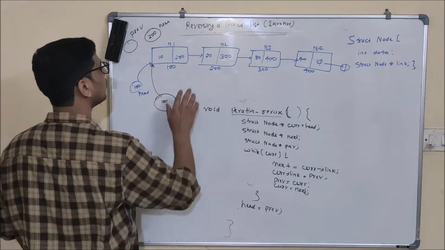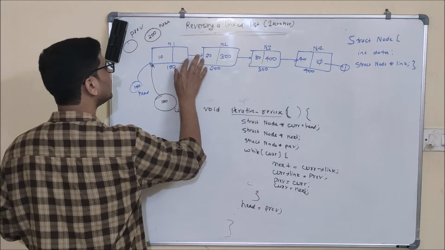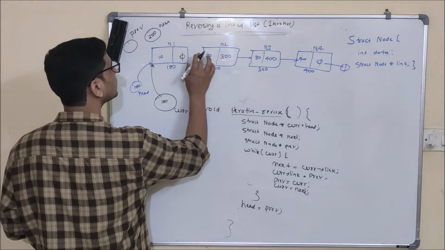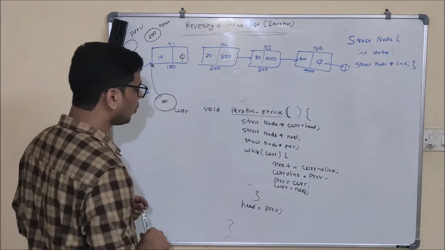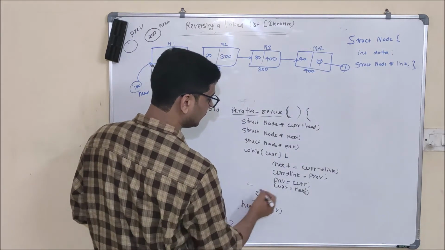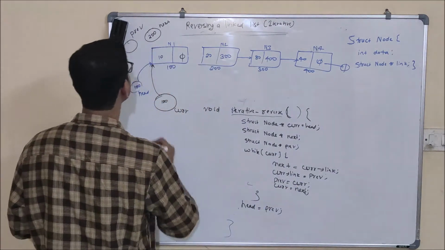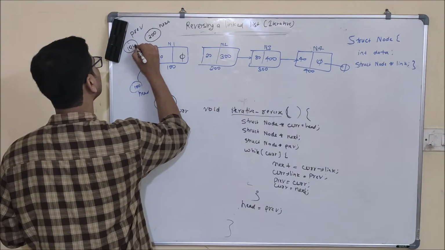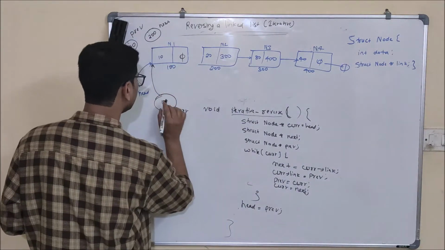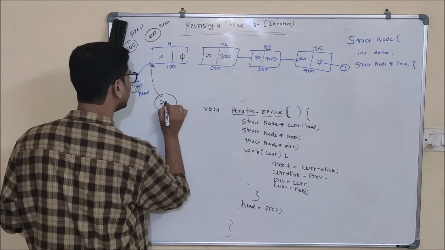Previous is null now, so it will be null here, and this link will be broken. And after that, previous and current will be updated. Previous is equal to current, that is previous will be equal to 100 and current will be equal to next. And in next we have 200.